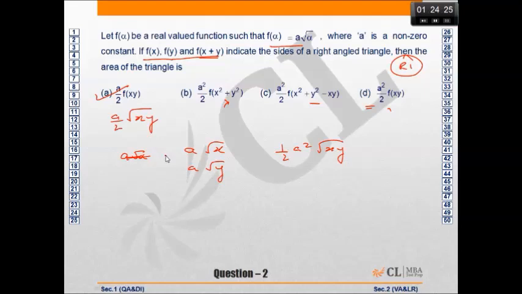What have I done? Is it A or D? Let me just do it again. f(x) is A under root x. And the sides of the right angle triangle, so what is the area of the triangle? Half base into height, half into A square under root xy. Yeah, I should mark D. Did I do something wrong out here?